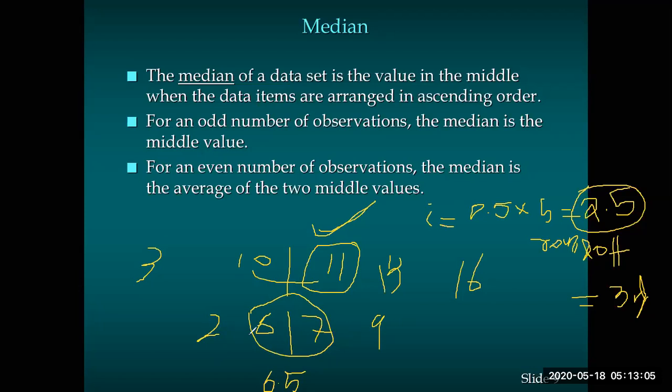Imagine if I had this situation where I had 4 observations, we'll have to multiply 0.5 with 4. What do I get now? I get 2. I cannot take the second number. I know by definition this is not the middle value.